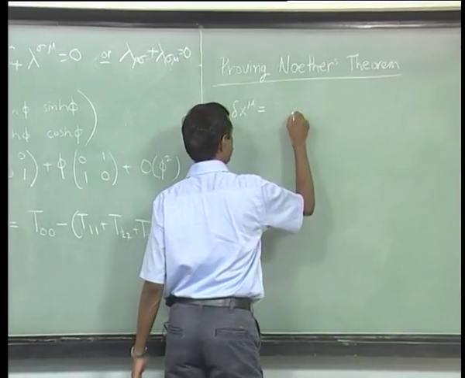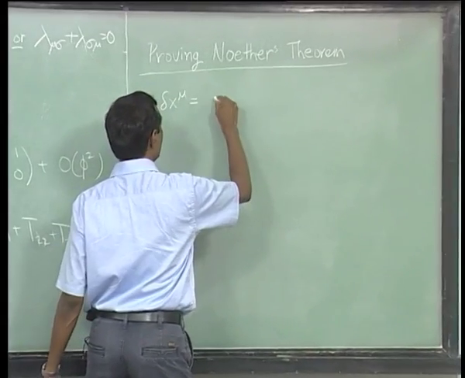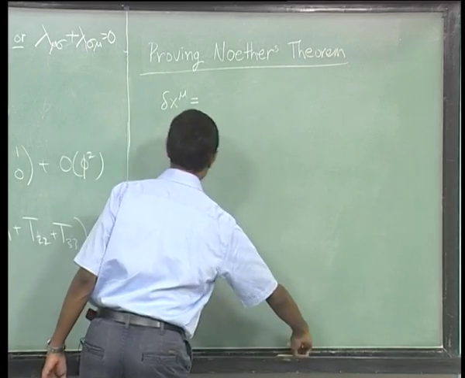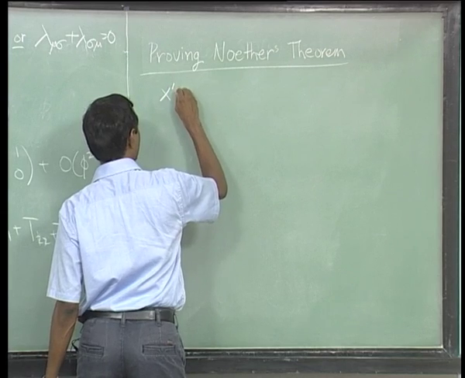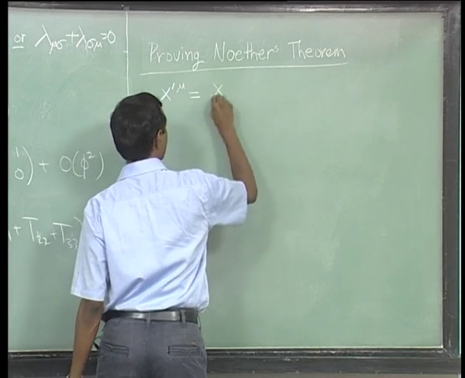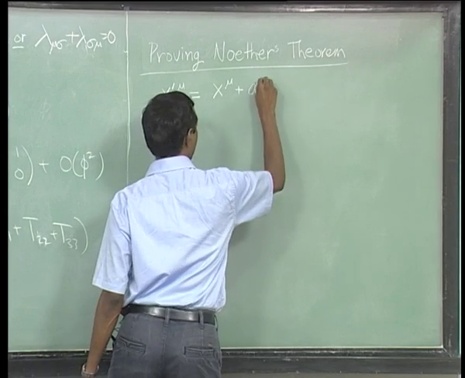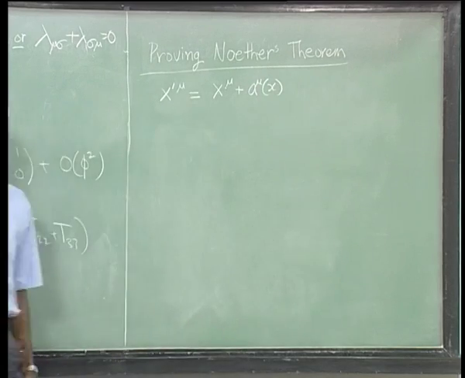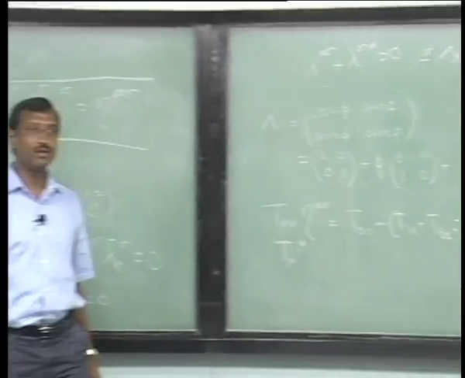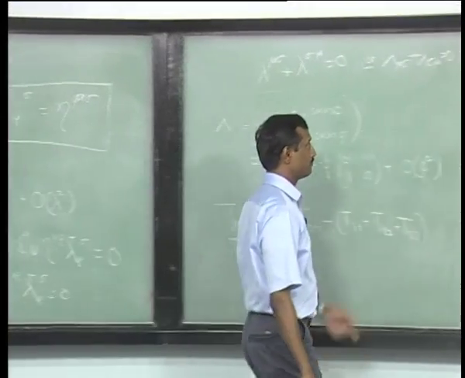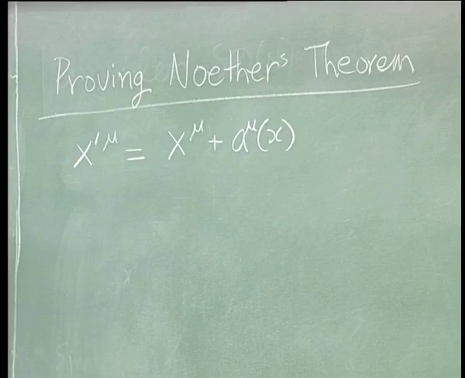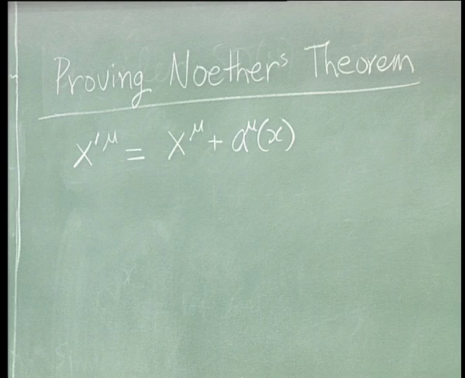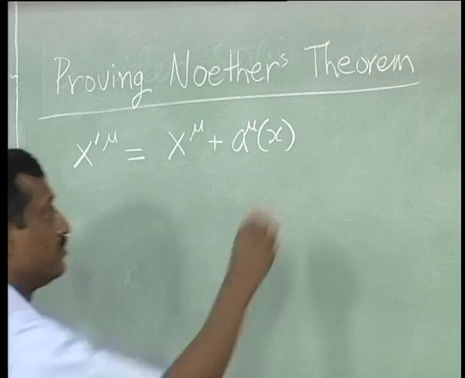So x prime mu is x mu plus a mu of x. This is not a translation like we did earlier, it could be x dependent. For instance, under Lorentz transformations you will see that it is linear in x.